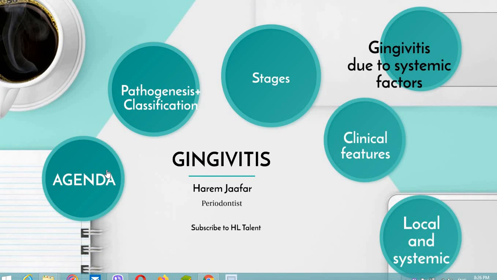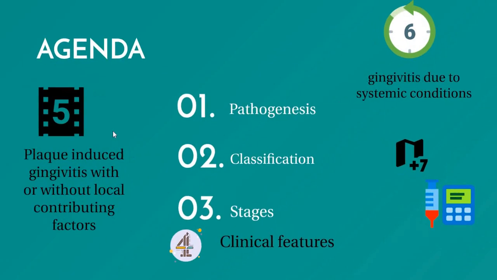My agenda in today's lecture: first of all, pathogenesis, second, classification, then stages of gingivitis, clinical features. Then we have two main types of gingivitis, which are the most common types: plaque-induced gingivitis or biofilm-induced gingivitis with or without local contributing factors.